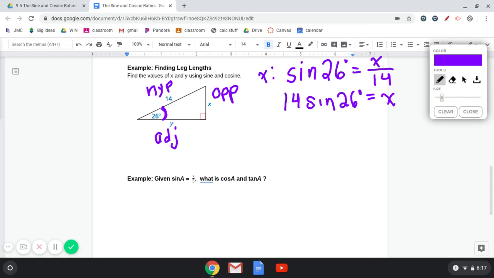And again, go to the next page in this module to find how to use your calculator to calculate trig values like this, okay? So when we use our calculator, we get 6.1 for x. I'll use squiggles to indicate we rounded. This is an approximation.